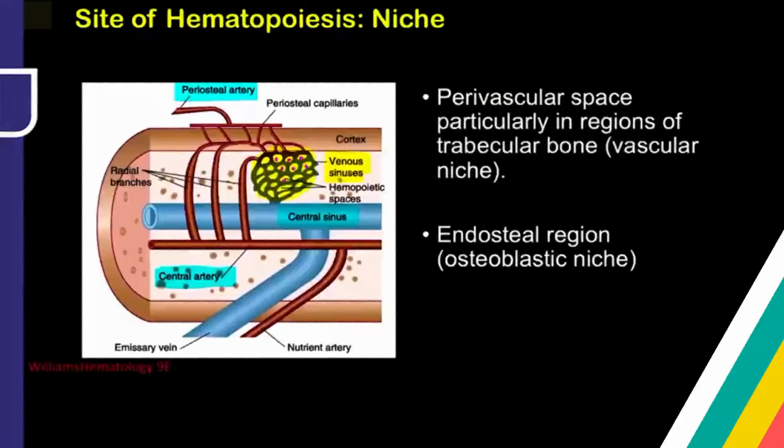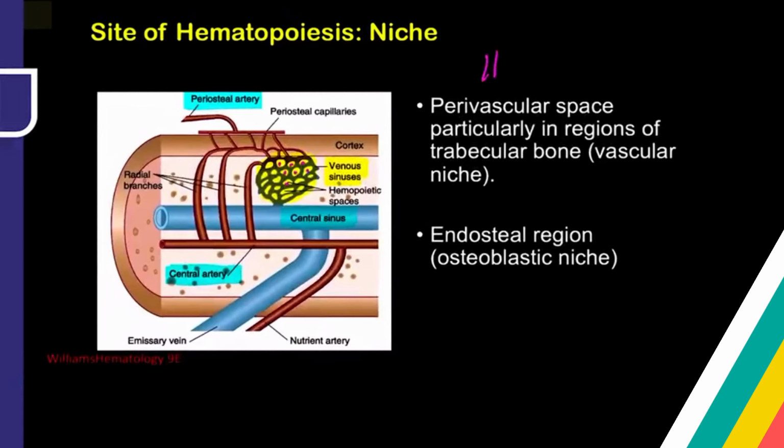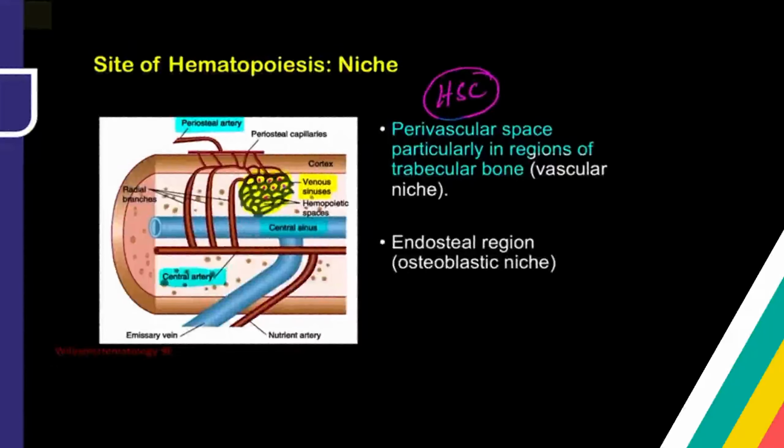That's why it is said that hematopoietic stem cells mainly reside in the perivascular space, particularly in the region of the trabecular bone. If this is the blood vessel of the sinus, just outside this blood vessel your hematopoietic stem cell will reside.